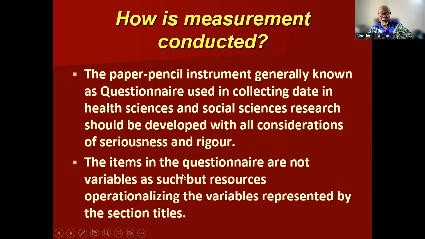The items in the questionnaire are not variables as such, but they are resources operationalizing the variables represented by sections in the title. All right, so the title must contain the major variables in the KAP, as knowledge, attitude, and perception. And then the diagnosis is related to behavior of concern.